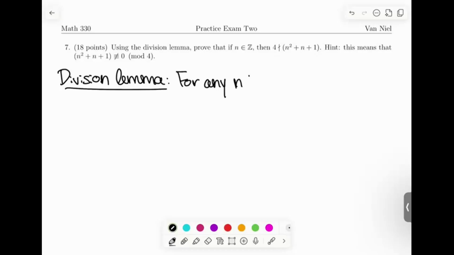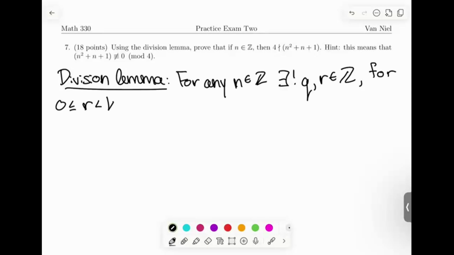For any n in the integers, there exist unique q's and r's in the integers, where r needs to be greater than or equal to 0 and less than k, such that n equals q times k plus r.